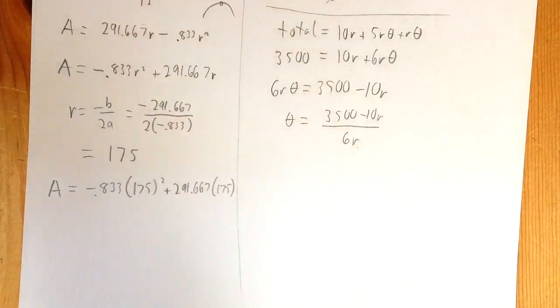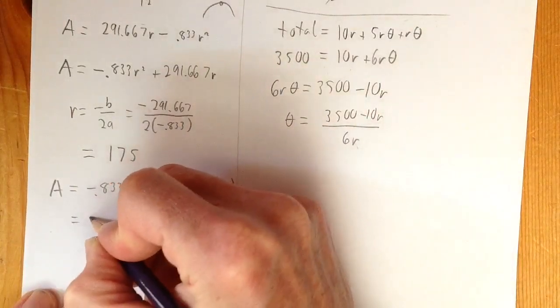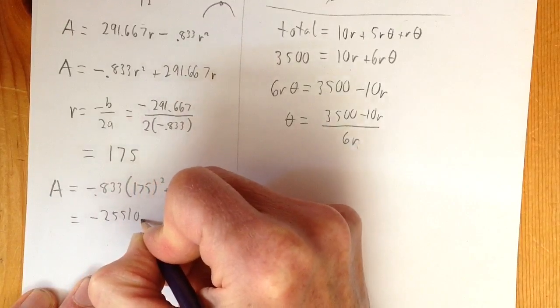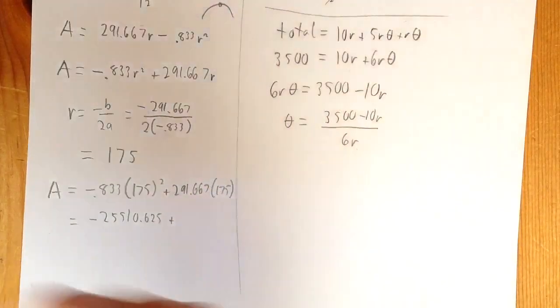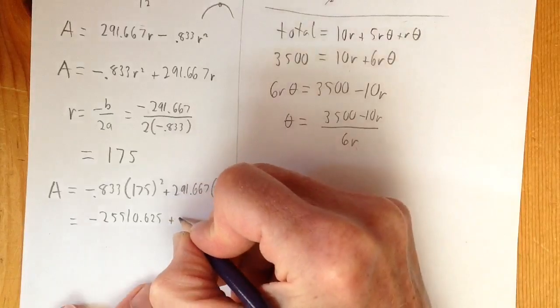So multiply all that stuff out. 175 squared times 0.833 equals, I get, negative 25,510.625, that's a lot of decimal places, plus this thing here, 291.667 times 175. Hopefully that's bigger and cancels out that big negative. Okay, it's bigger, so this is making sense.